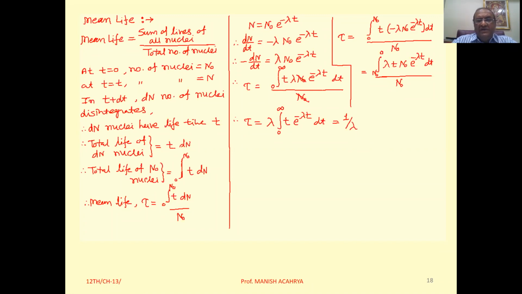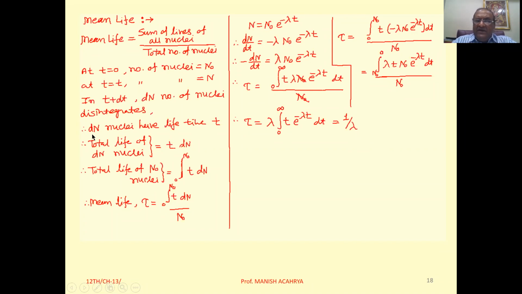Now suppose at time t equal to 0, the number of nuclei is N0, and at time t, the number of nuclei is N. Now in time t plus dt, suppose dn number of nuclei disintegrates. In short, we can say in time dt, dn number of nuclei disintegrates.